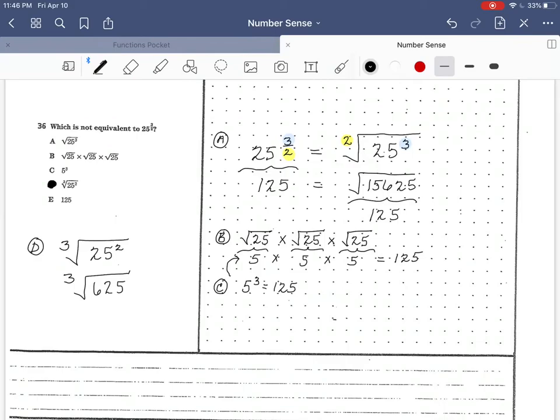And then take the cubic root of that, and it is approximately 8.5. So not equal to the others. If you look at the answer choices, A turned out to be 125. B turned out to be 125. C is 125, and E is 125. So the answer to this one is D, as in dog. That's the one that does not match.